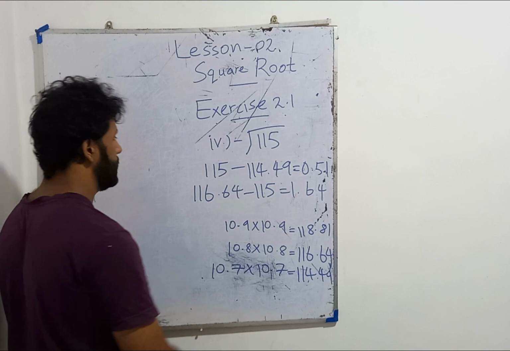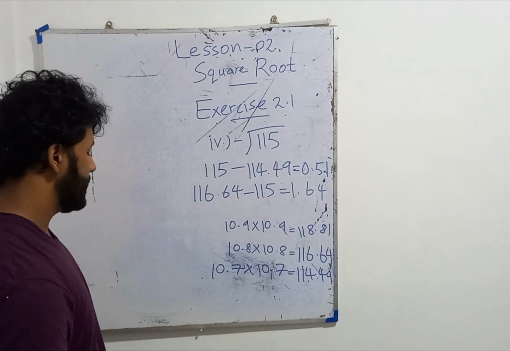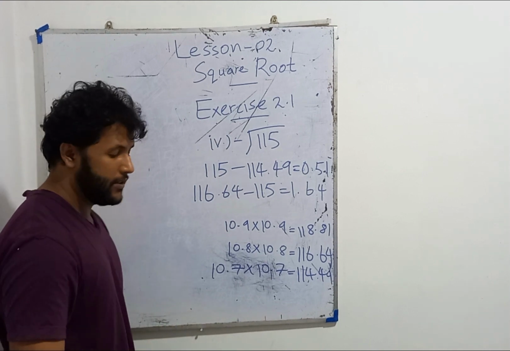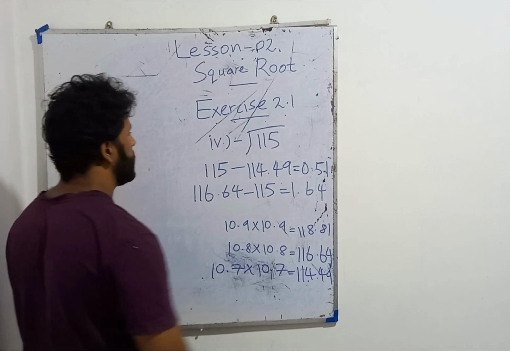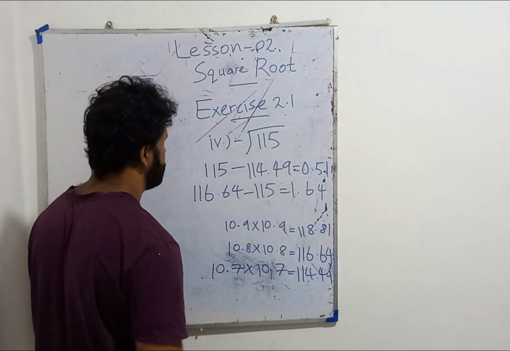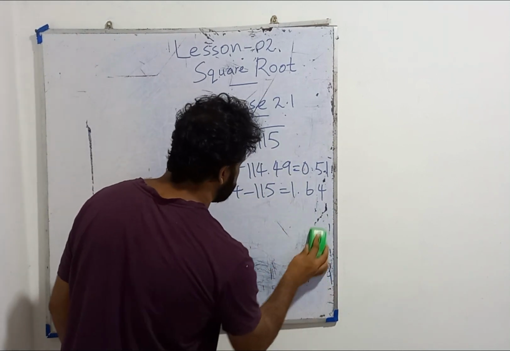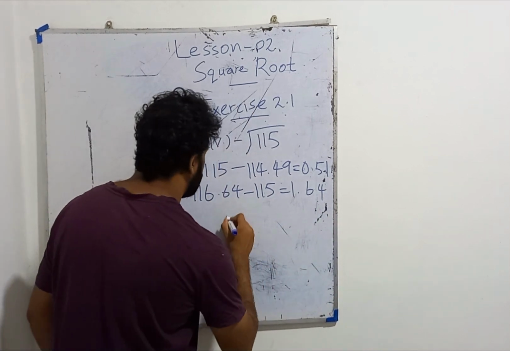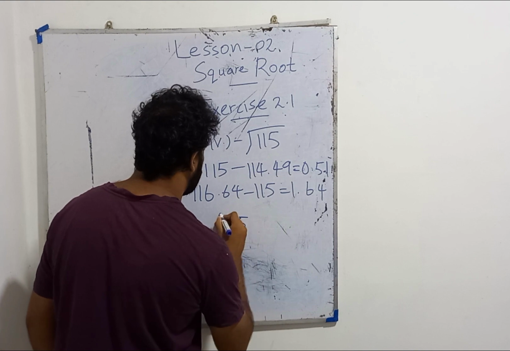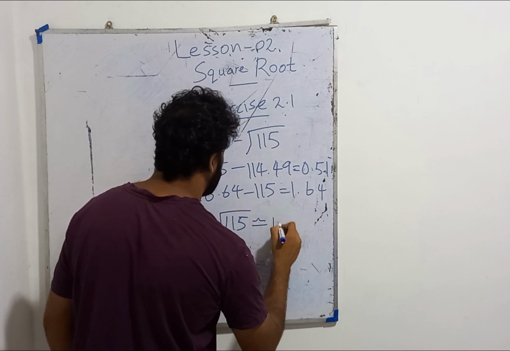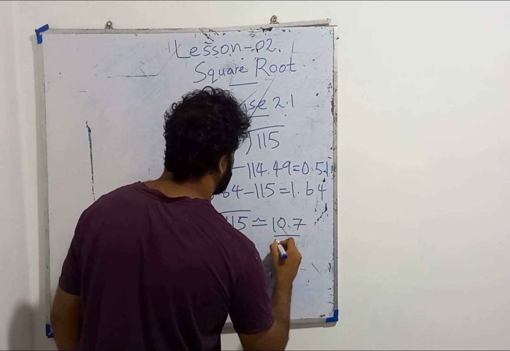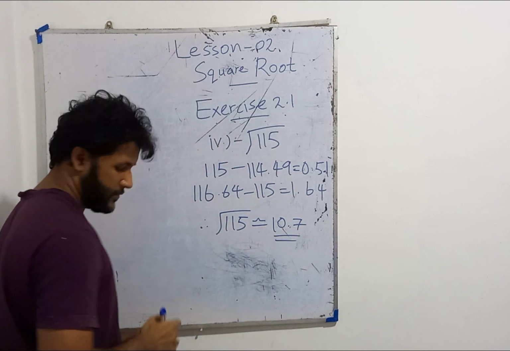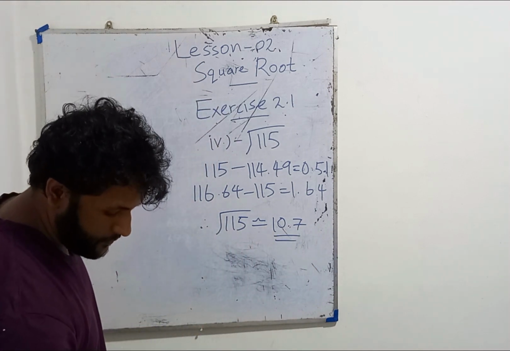Then 10.7, that's the answer. 10.7 is going to be the first approximation for the square root of 115.